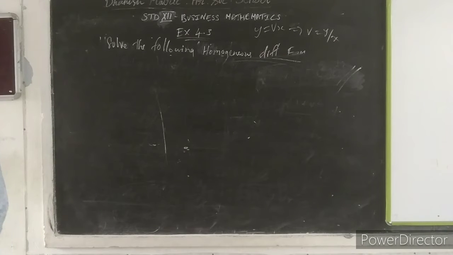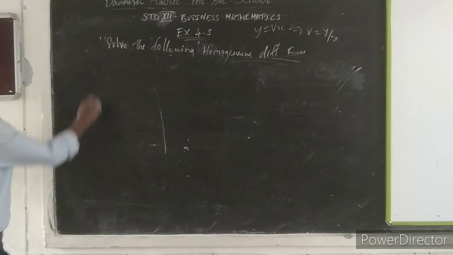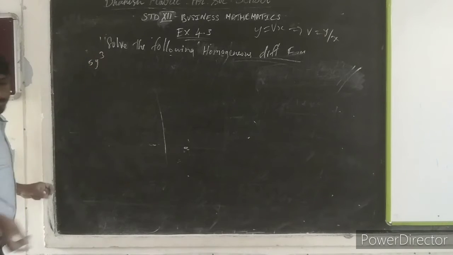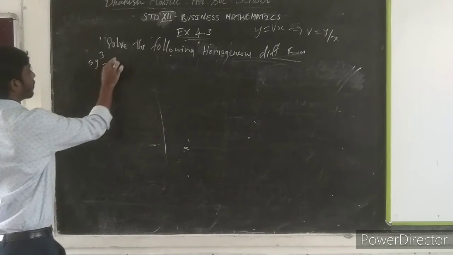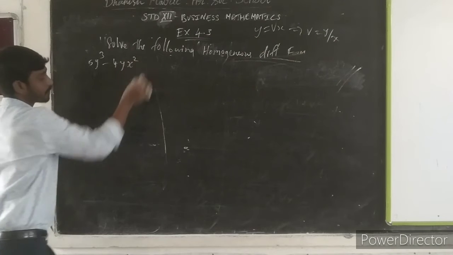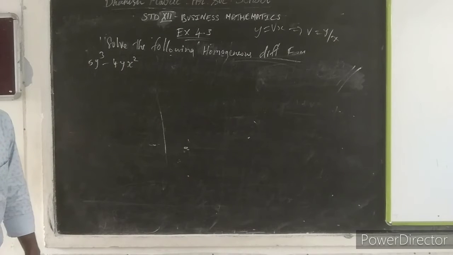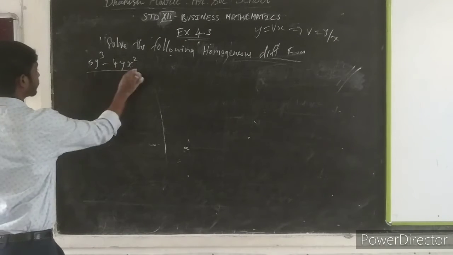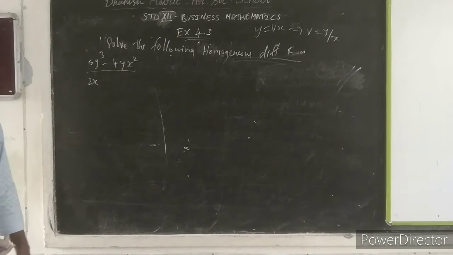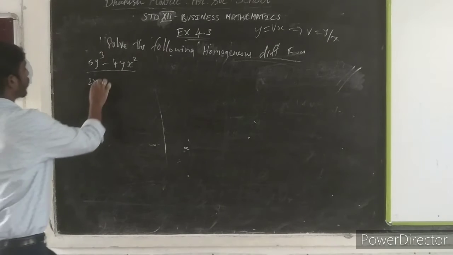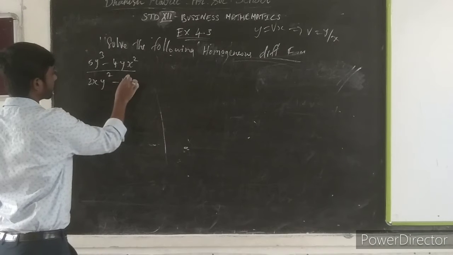What is the first equation we are getting? That is (5y cube minus 4yx square) divided by (2xy square minus x cube).